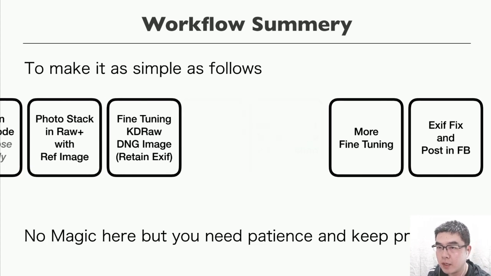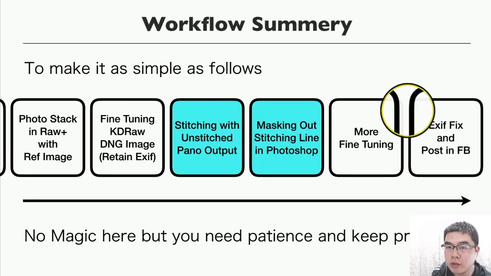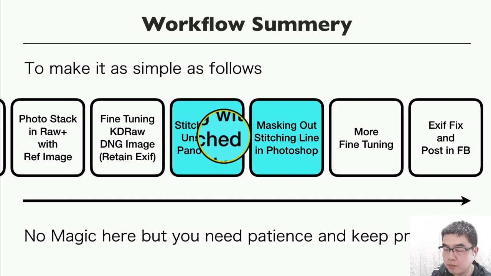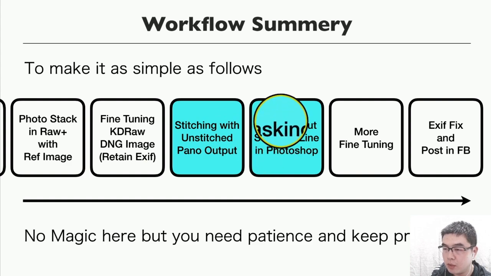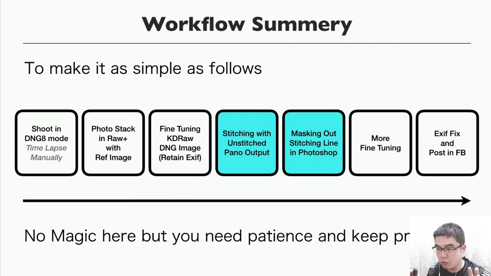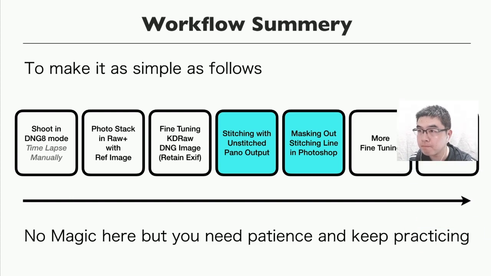It's like this, right? After fine-tuning the RAW files, we stitch in the QooCam Studio with Onstage Panel output, and in Photoshop, you can mask out the stitching line with the photographic tricks. So this is the whole workflow for super tiny space VR panoramic shooting, right?